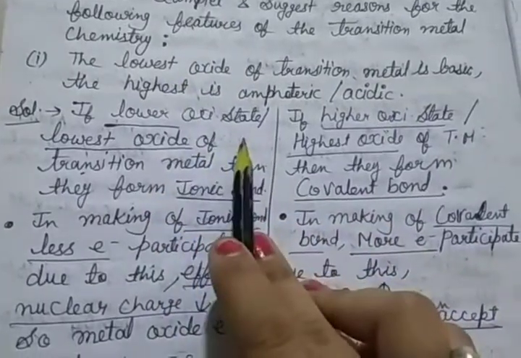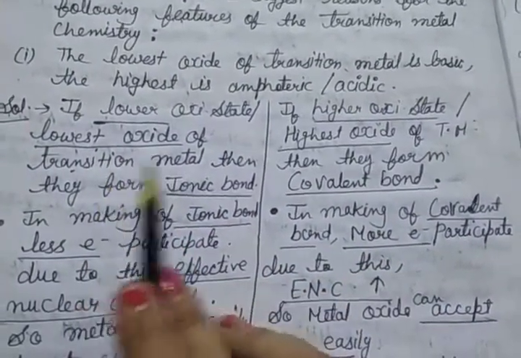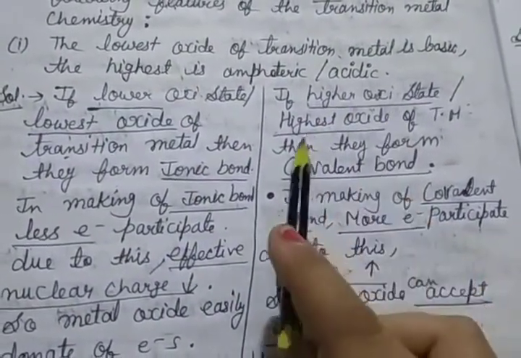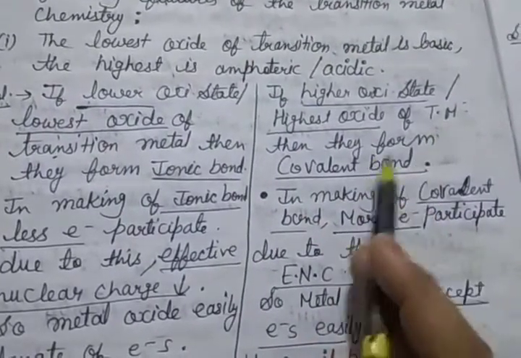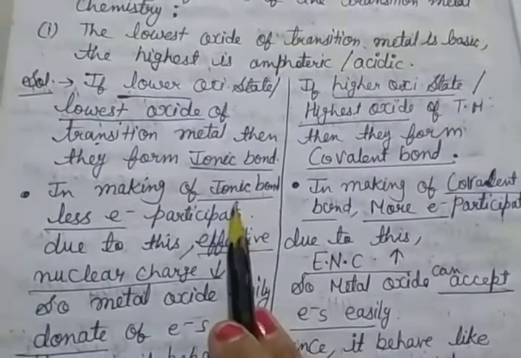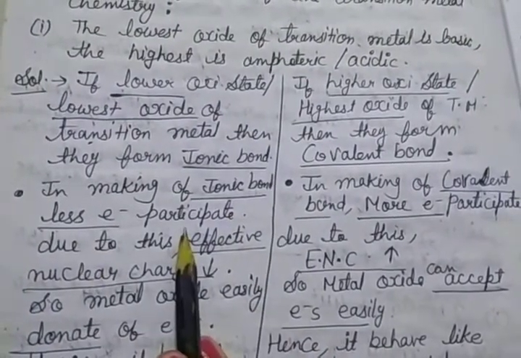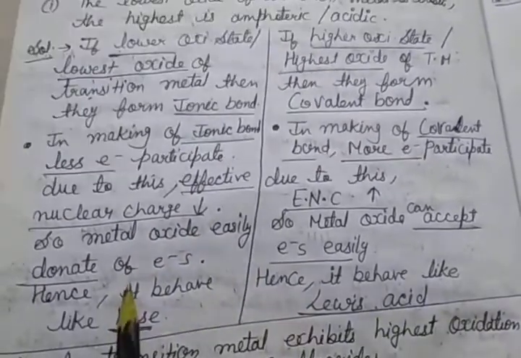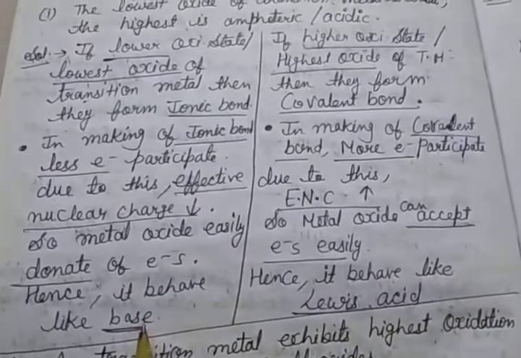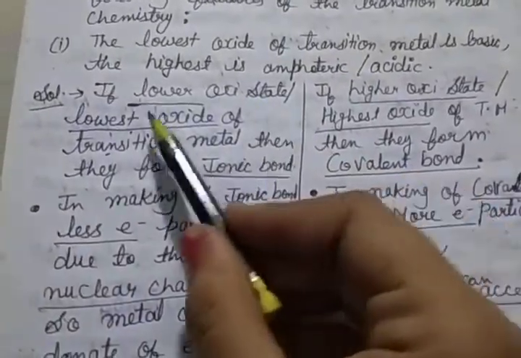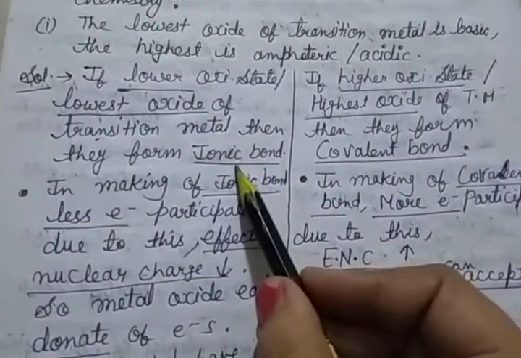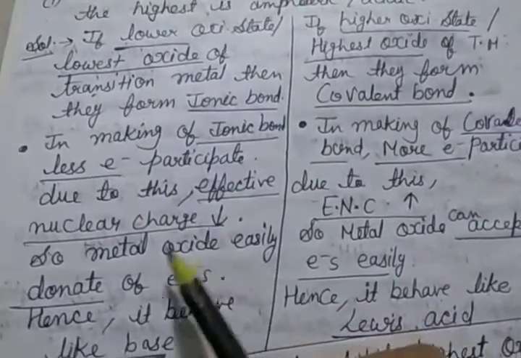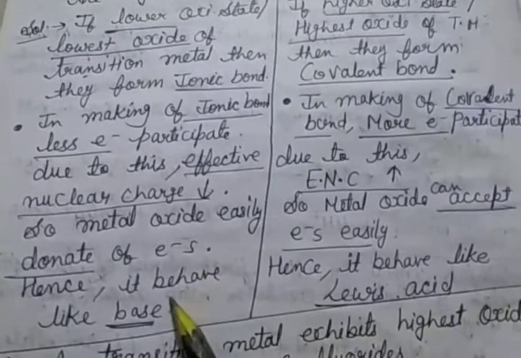The lowest oxide of the transition metal forms ionic bonds, whereas the highest oxide forms covalent bonds. In ionic bonding, fewer electrons participate because the effective nuclear charge decreases, so the metal oxide easily donates electrons and behaves like a base.